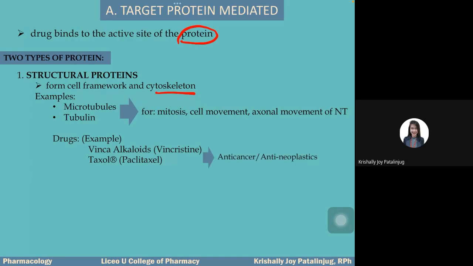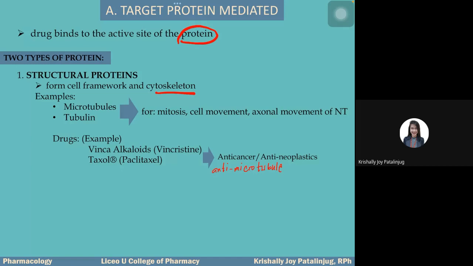They are classified as anti-cancer or anti-neoplastics because of their mechanism of action. Recall they carry anti-microtubule or anti-microtubulin activity. Now, why is it?